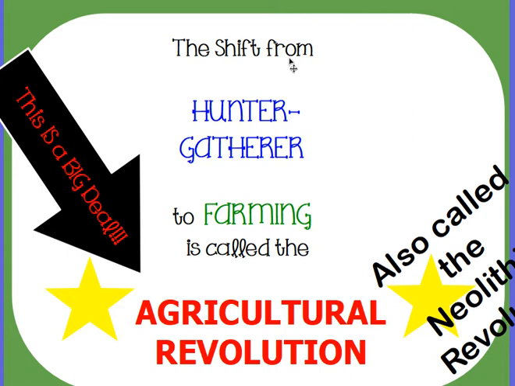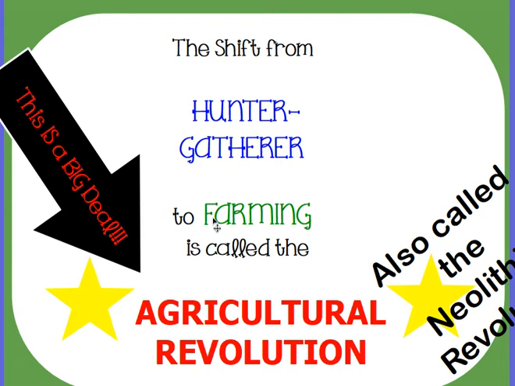All right, the shift from hunter-gatherer to farming is called the Agricultural Revolution. It's also called the Neolithic Revolution. This is a big, big, big deal. And I think you know why. But if you don't, I'm going to tell you again.